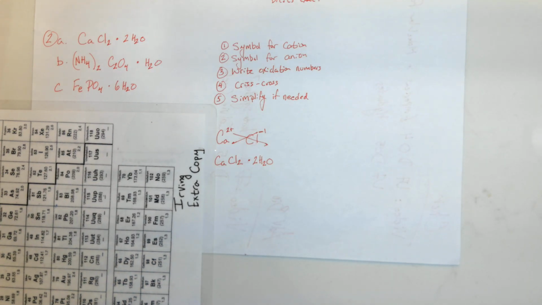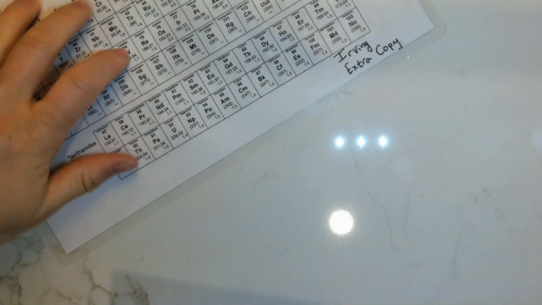Question 3 asks you to calculate the percent of water in each of the following hydrates. All right, so what do we need to know in order to accomplish this one? Well, the important thing here, periodic table out of the way, is that we remember the definition of a percentage.